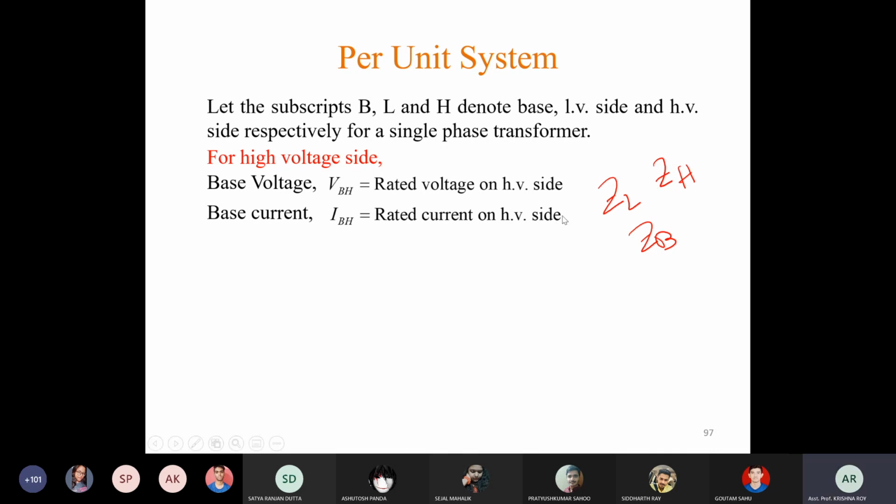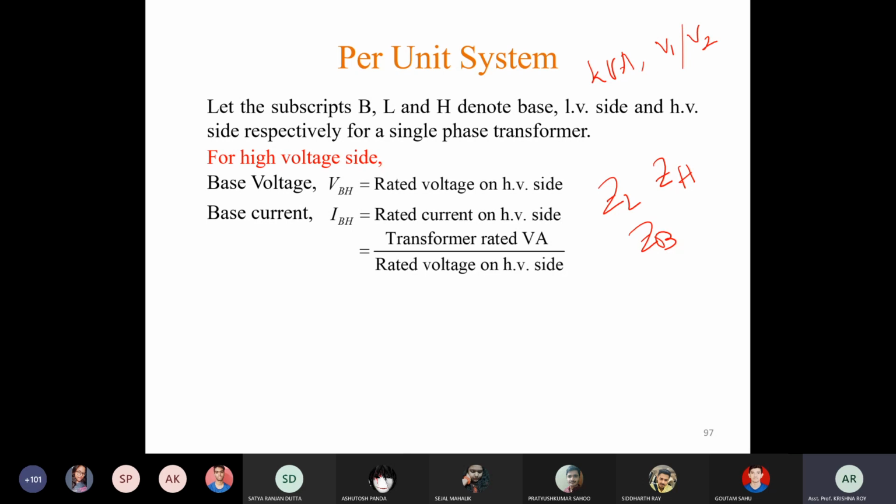the rated current on the high voltage side, that is equal to, now here normally in a transformer nameplate this current rating is not given. First the power rating is given in kVA, then two voltages are given, V1 if we consider this as the primary, so V1 and V2 are given.